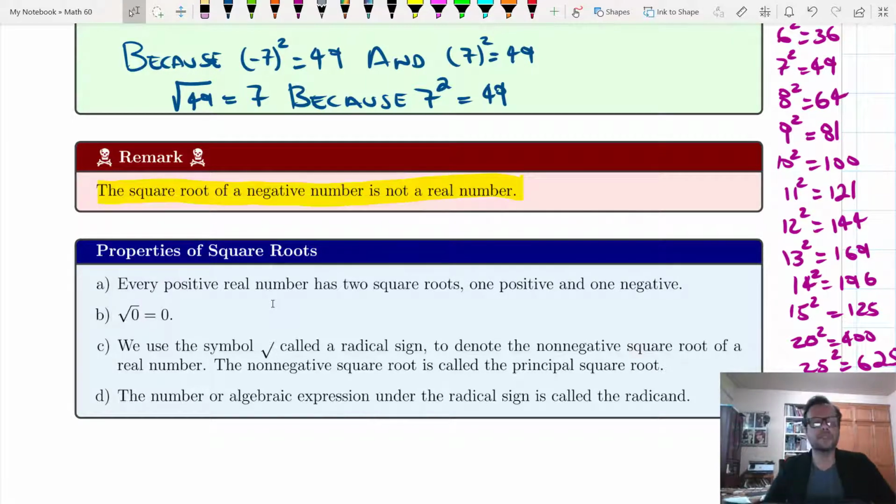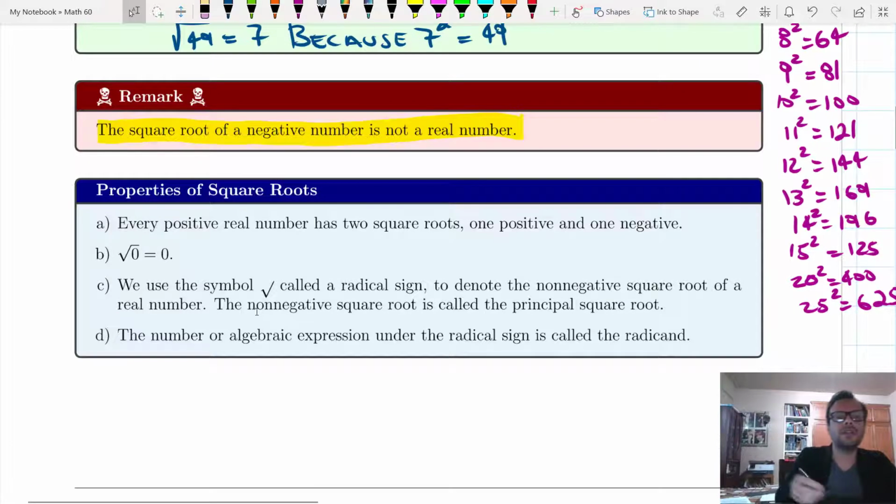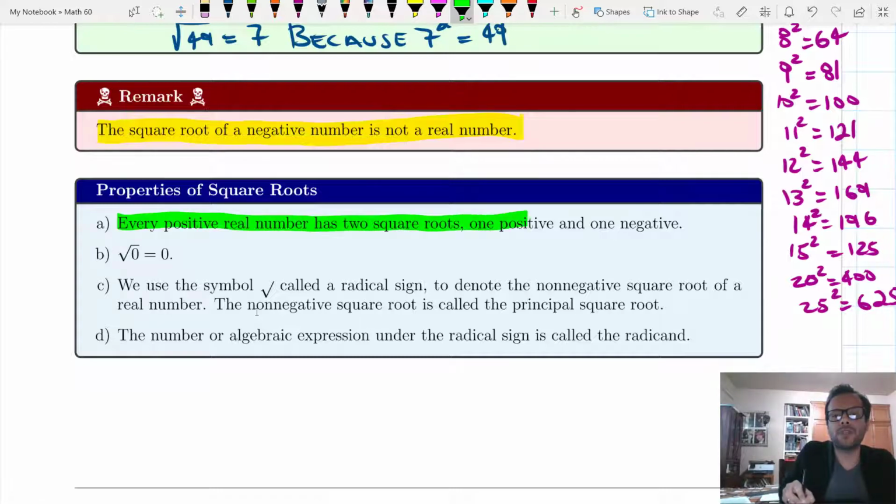So, what are the properties of square roots? Number one, every positive real number has two square roots, one positive and one negative. It is very important to know as well that the square root of 0 is 0. This symbol right here is called the radical sign. More completely, it looks more like this.